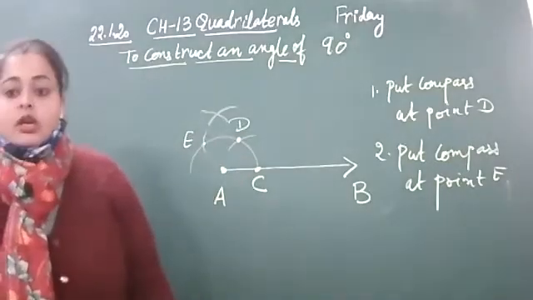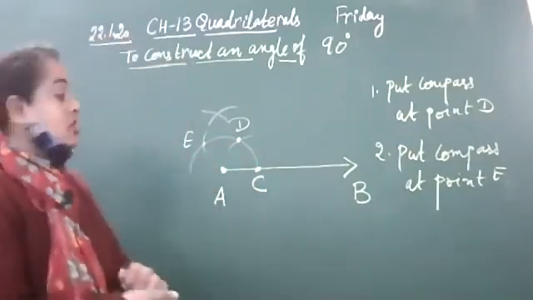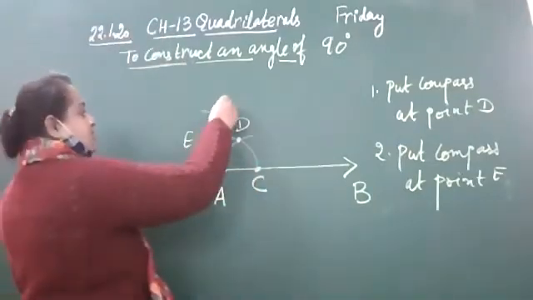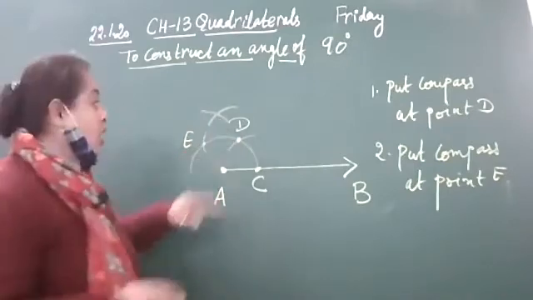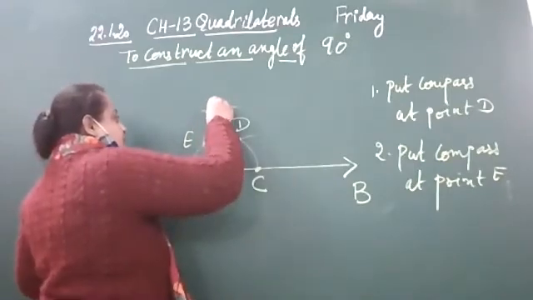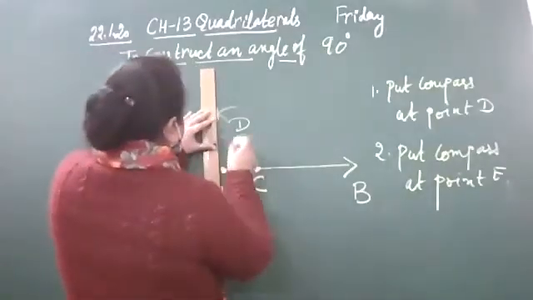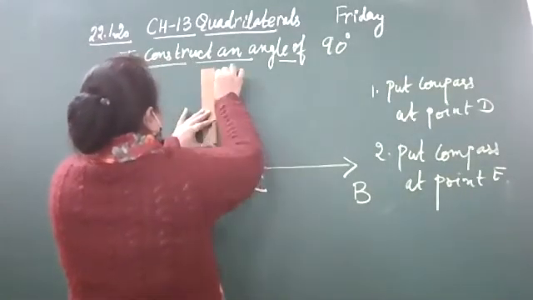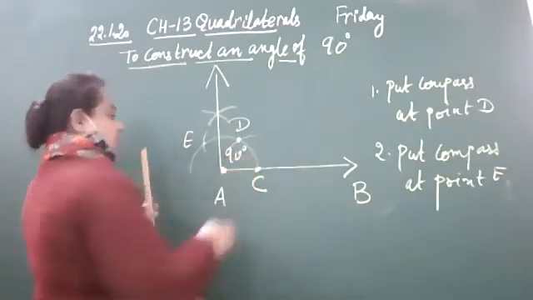Fine. After doing this, you will get an X letter. Now from this point you will draw a ray. And this is an angle of 90 degrees.